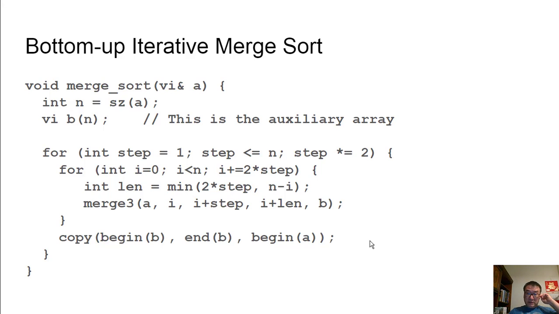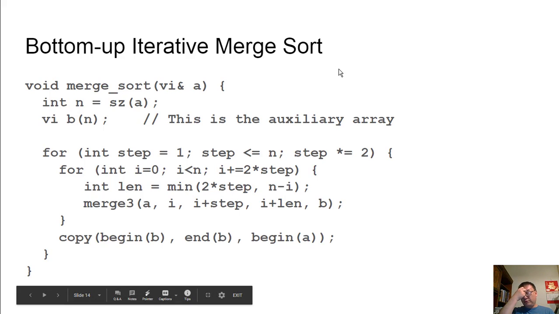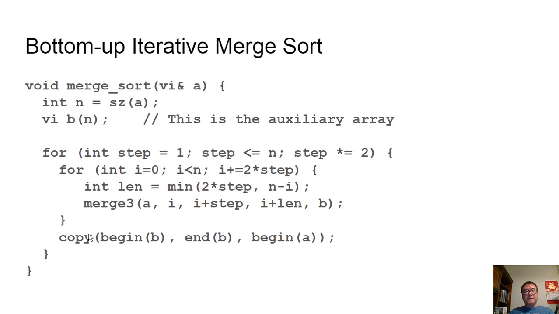So it is possible to avoid this copying. Essentially you can think of having references to 2 vectors, and then you just keep switching them back and forth. But the code is fairly tricky to write. So this is a little bit easier to write, but it has this extra copying.